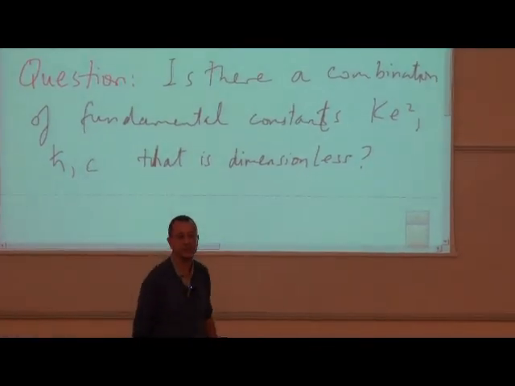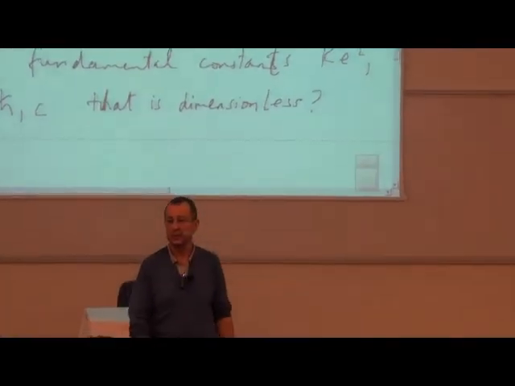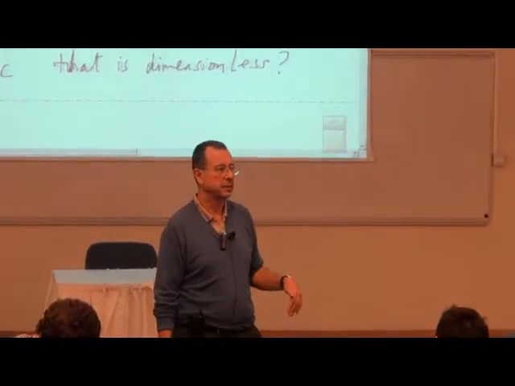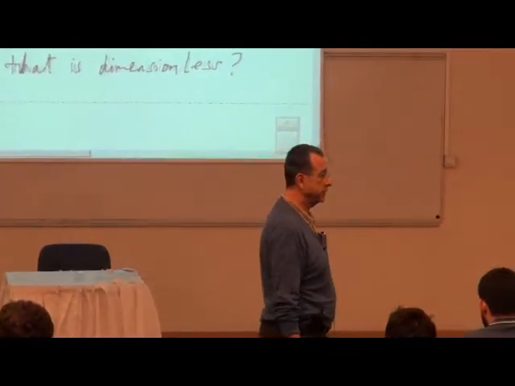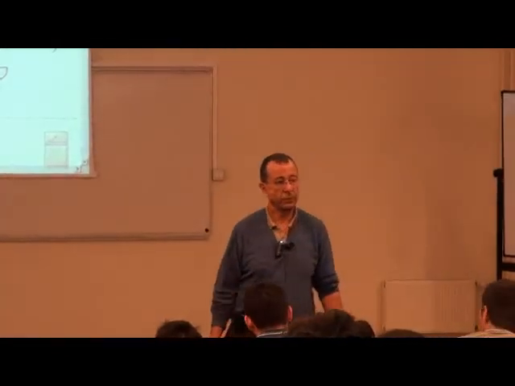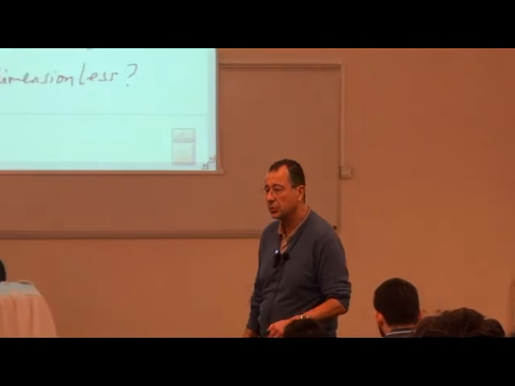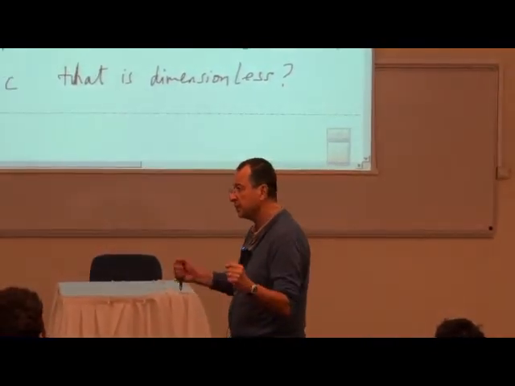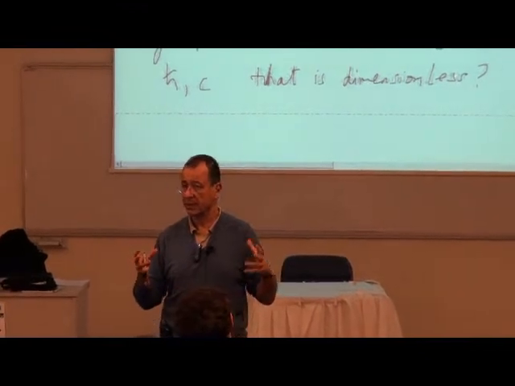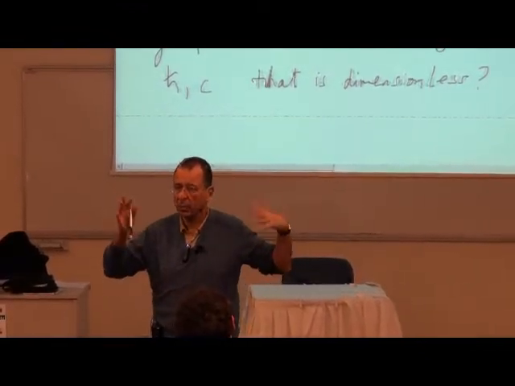I'll just concentrate on electric stuff because, well, we haven't seen yet, but we will learn that light is also an electromagnetic phenomenon. Atoms emit light, etc. So I'm trying to learn something about this fundamental force in atoms, whose constant is Ke square. But this has complicated units.